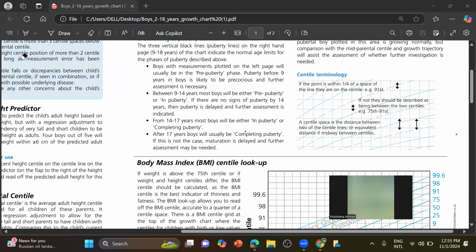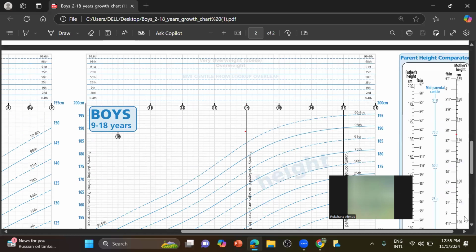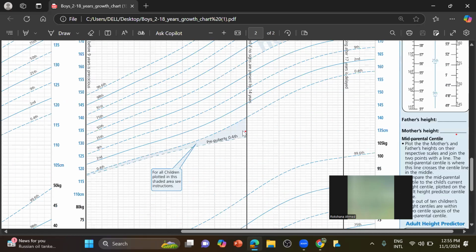Another important thing is constitutional delay of growth and puberty. First, I'm showing you: there is a shaded area between 9 and 14 years of age. If any child is plotted in this area, it is very significant.